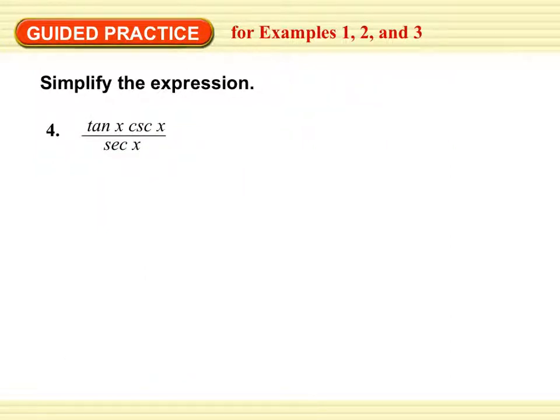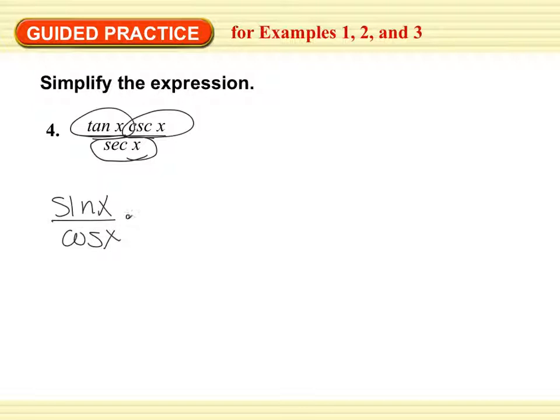Okay, the next one, try to find the things that are complicated and break those down. So tan x, actually, I'm going to break tan x down too. Tan x is sine x over cosine x. Cosecant is 1 over sine x. That's the numerator.